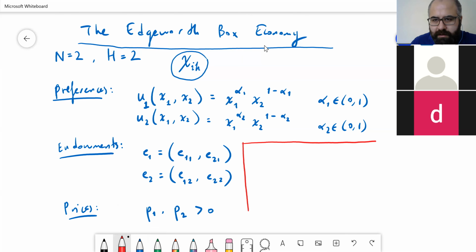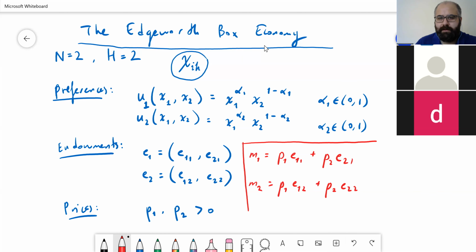Let's denote the income of the first consumer by M1. So we have P1 E11 plus P2 E21. And then the second consumer's income is P1 E12 plus P2 E22. So these are the income levels.